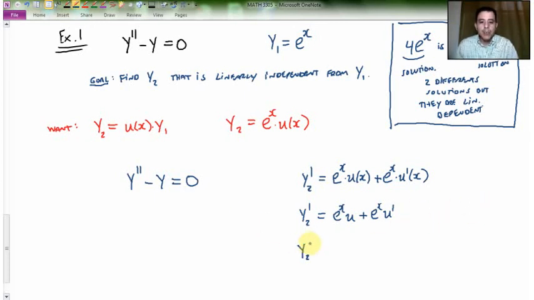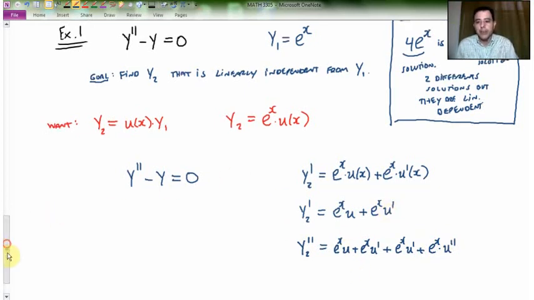What is the second derivative then? The derivative of this first term is e to the x u plus e to the x u prime. Plus the derivative of the second term: the derivative of the first times the second, plus the first times the derivative of the second. Let's plug all of that in here.